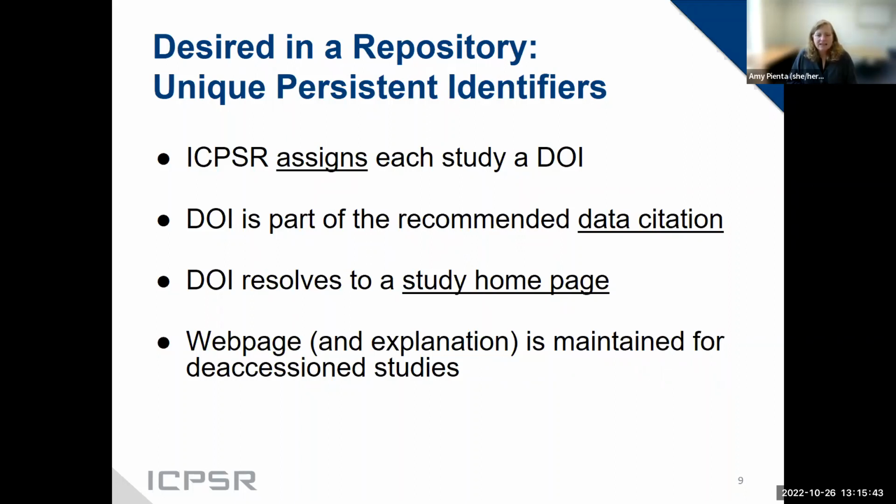We maintain that study homepage and an explanation for those data, even if we were to deaccession the data, which is another requirement of NIH that I'll come to. But even our deaccession studies present information to users about what happened to the object should it have been taken down. And so this is avoiding the problem of a broken link and following a link to a web page where just nothing exists.